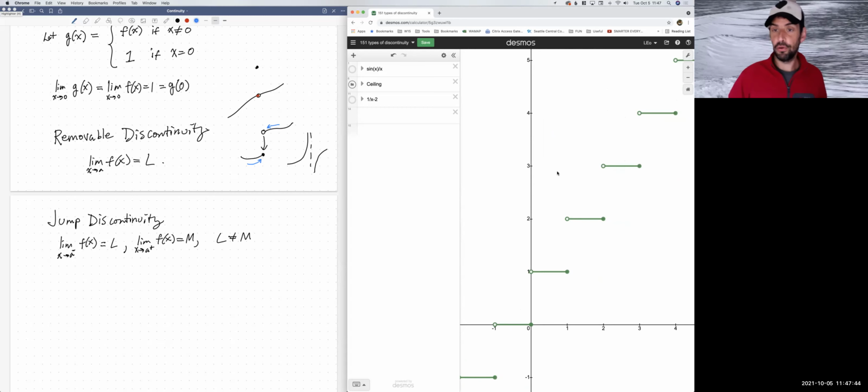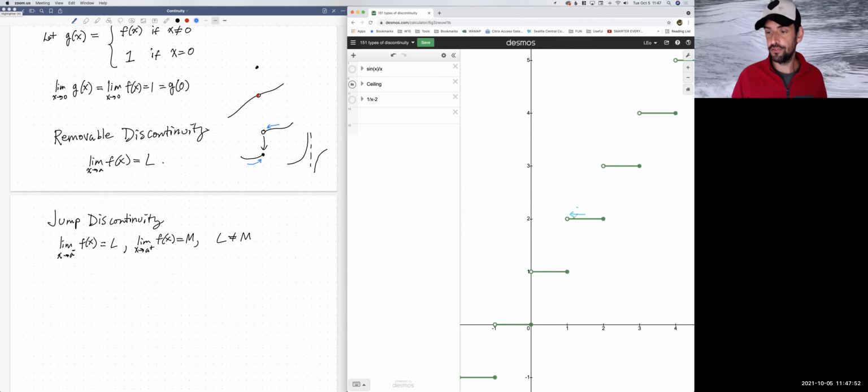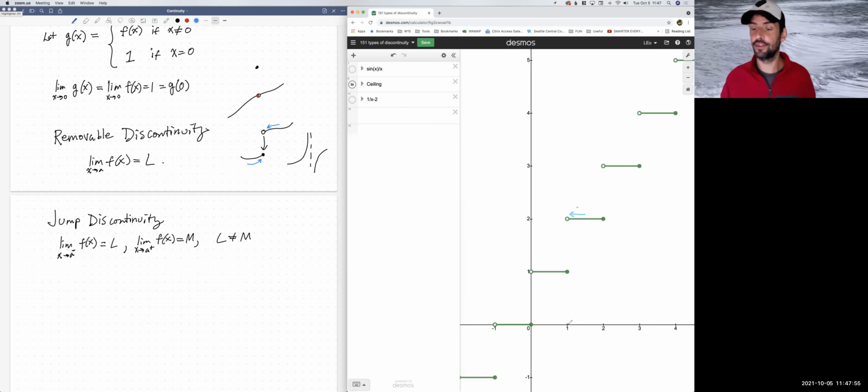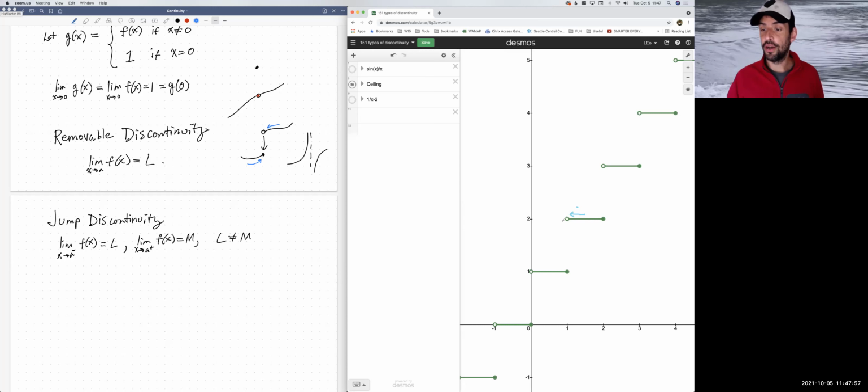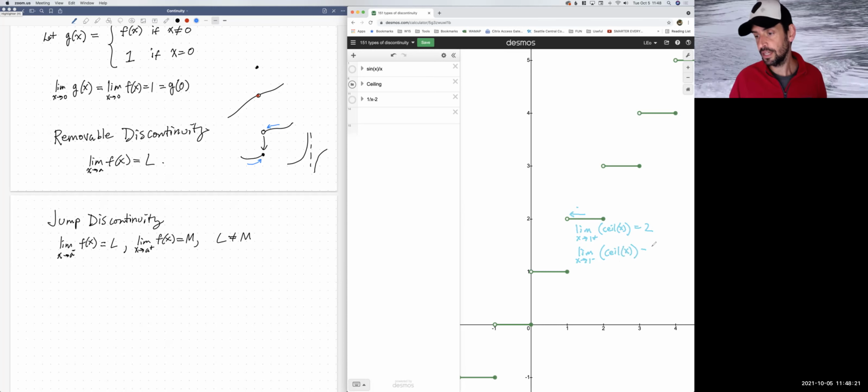So at each of these points where we have this jump, the limit from above goes up to one value. So in this case, if I was looking at the limit as x goes to 1 from above of, we'll call it the ceiling function of x, that is equal to 2, and the limit as x goes to 1 from below of the ceiling function of x is equal to 1, right?